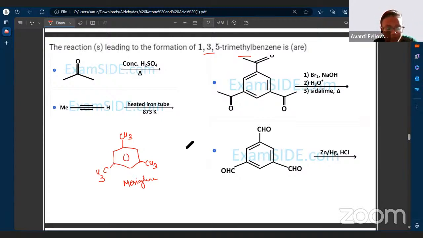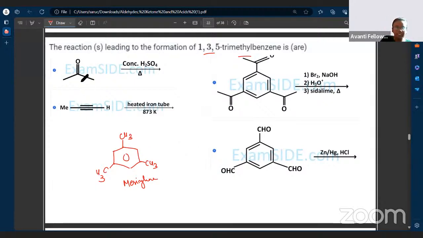Can you guess the answer? Which among the following will give mesitylene as the product?